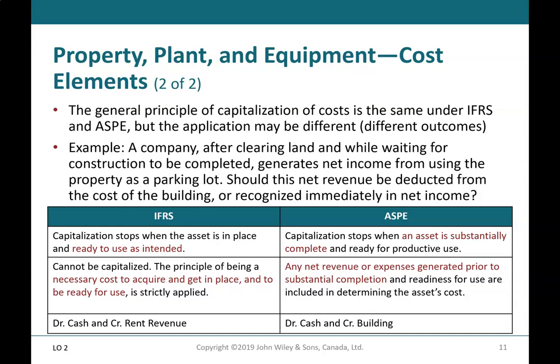And you would debit cash and credit rent revenue. But under ASPE, any net revenue or expenses generated prior to substantial completion and readiness for use are included in determining the asset's cost. You would debit cash and credit building.